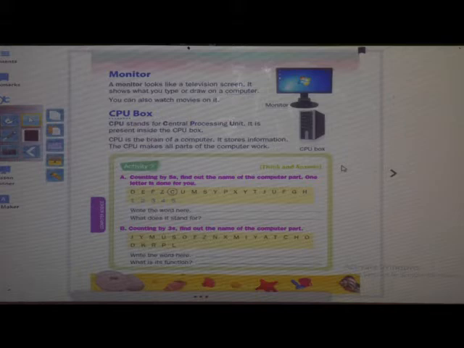It stores information. The CPU makes all parts of the computer work. As CPU is the brain of the computer, it stores information in it, whatever you type or save. It stores all information in that box, and it makes all the computer parts work.